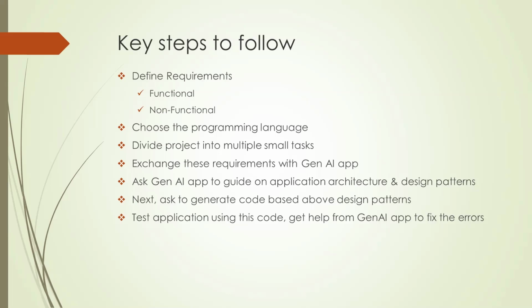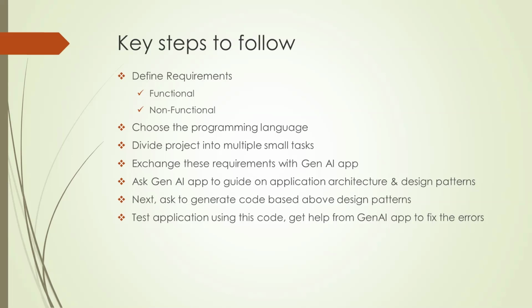You have to give it the overall requirement, including the functional, non-functional, and the programming language on which you want it to build the application. And then the very next step is, as you are asking the GenAI app to collaborate and help in developing the application, like you work in general with a larger team, right? Similar to that, you need to feed all of that information.